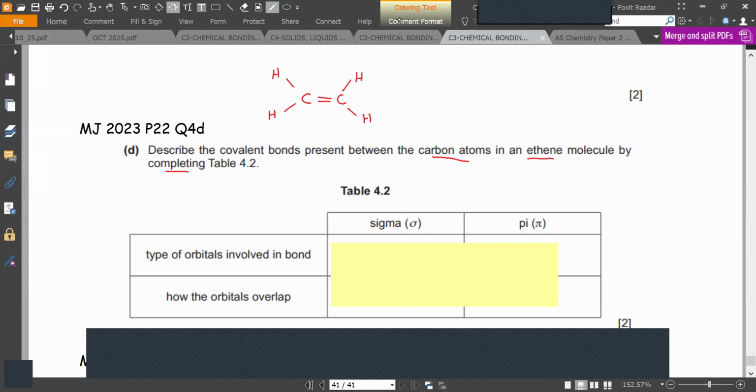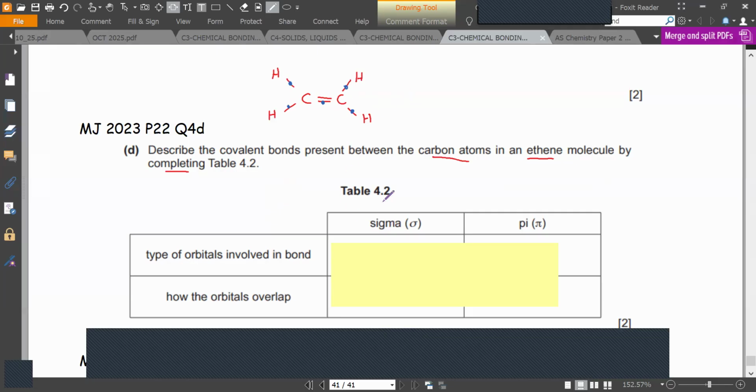So the sigma bond will be this one, and then one of the double bonds. Sigma bond. Next, type of orbitals involved in the bond.